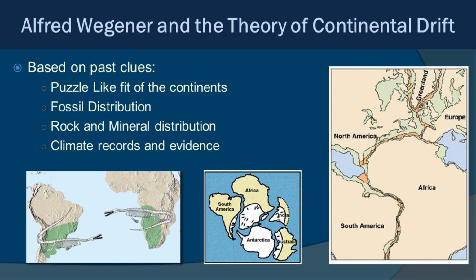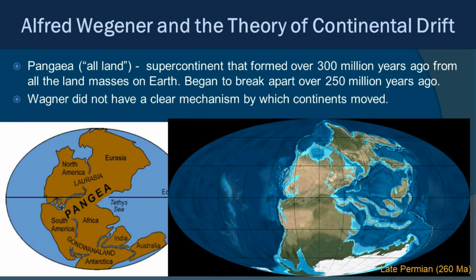Now, no one piece of evidence that we just talked about really conveys that these continents moved. But when you start to put all of the pieces of evidence together, it starts to tell a convincing story. Wegener believed that all land masses at one point in time were connected together in a supercontinent called Pangaea.